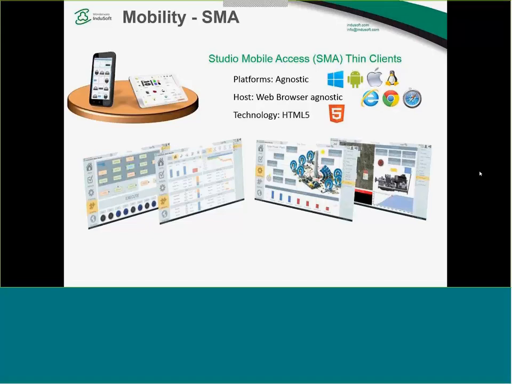The same applies to your web browser: you are not tied to Internet Explorer anymore. You can choose which web browser you want to use: Internet Explorer, Chrome, Safari. The technology behind this feature is HTML5, so any web browser compliant with HTML5 can be used to visualize this application.